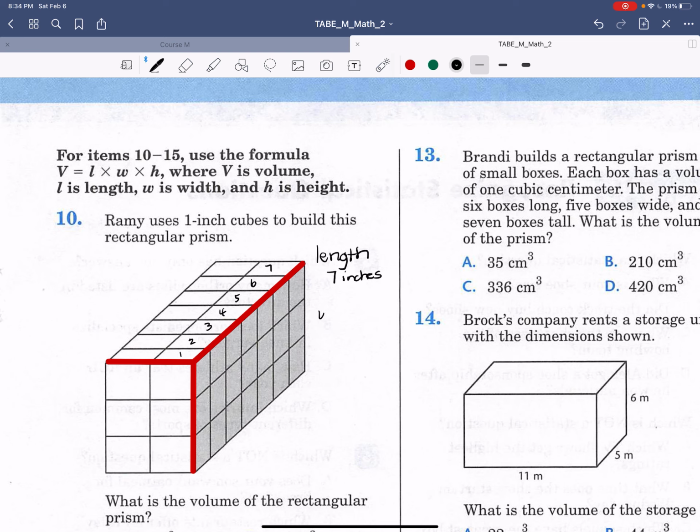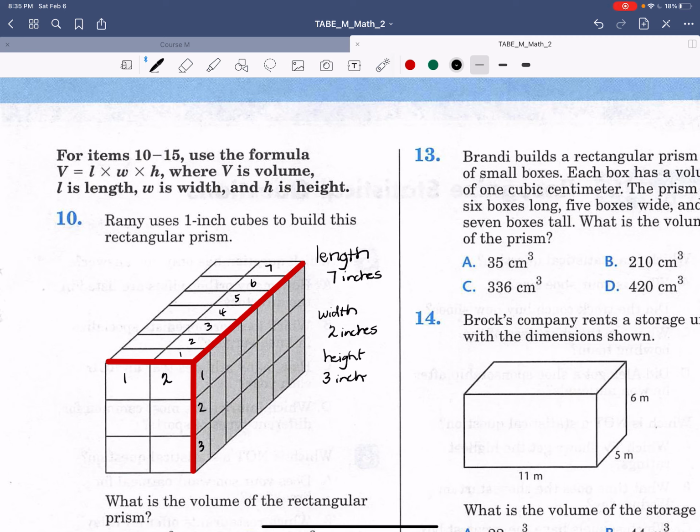Width is right up here. There's 1, 2, so 2 inches. And then height is 1, 2, 3 inches.